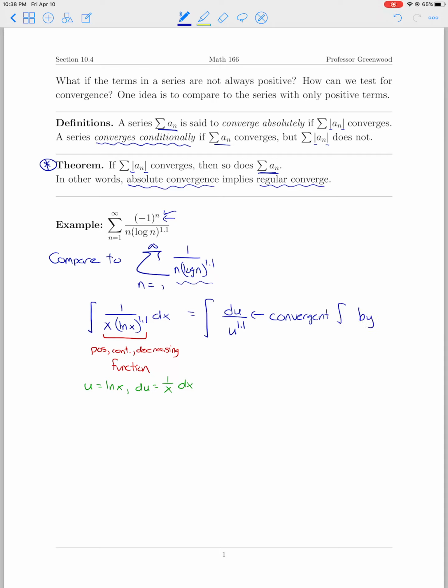All right, and we know that this is a convergent integral by the p-test for integrals. That's just because 1.1 is equal to p here, and that's greater than 1. Okay, so now we know that our original sum, the (-1)^n over n times (ln n)^1.1, converges absolutely.